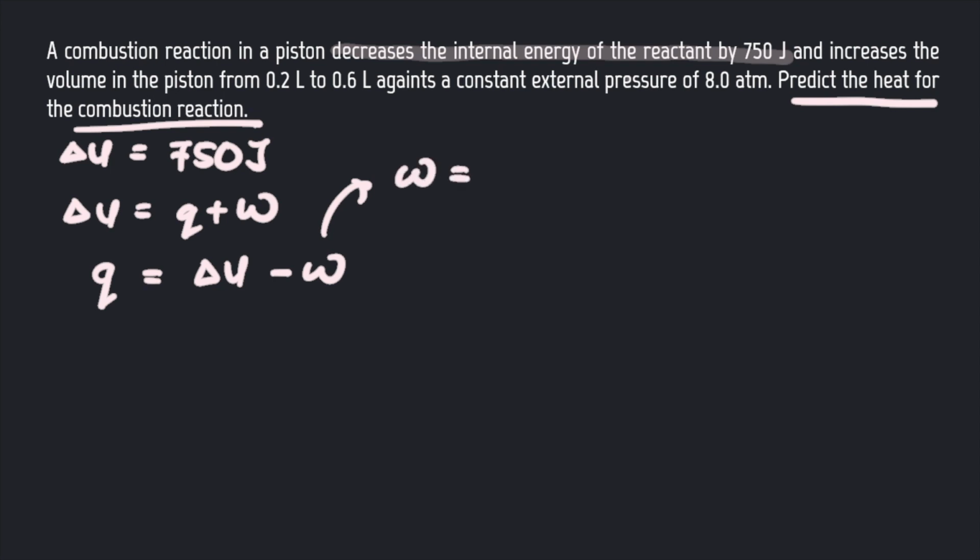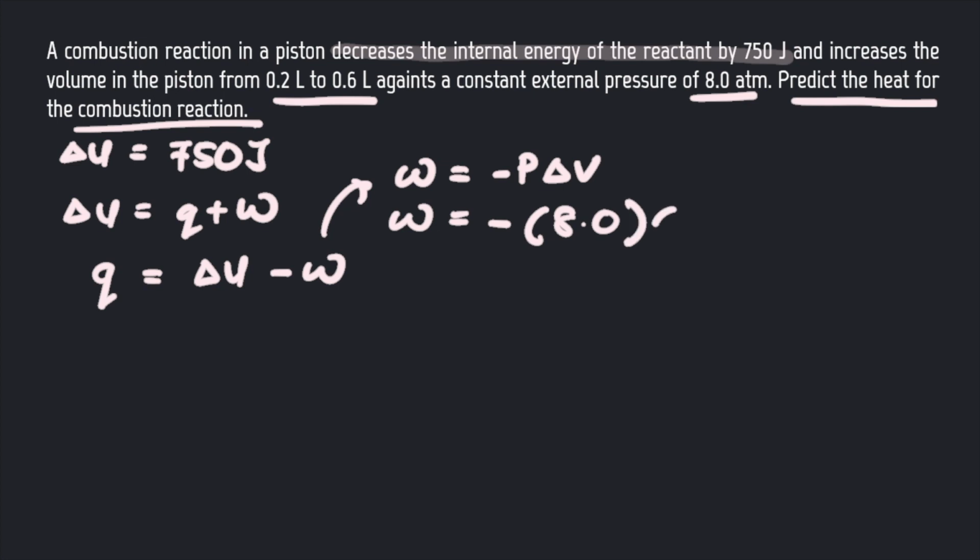So from the notes, we know that W is equivalent to negative P delta V. So you were given the change of the volume and the pressure as well. So basically you can calculate the value of W, which is negative P, which is the pressure, 8.0 atm, and then delta V. So delta V must be V2 minus V1.